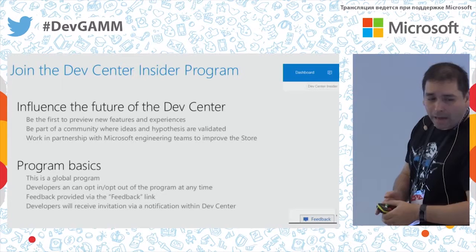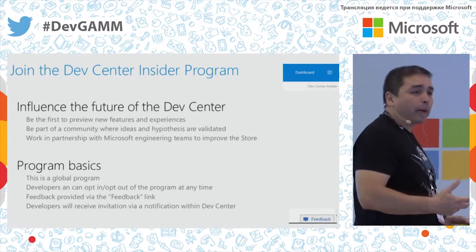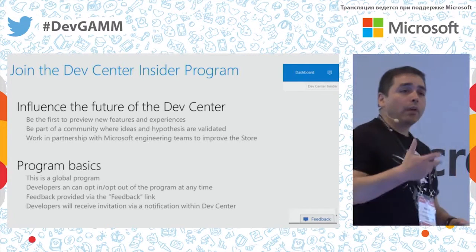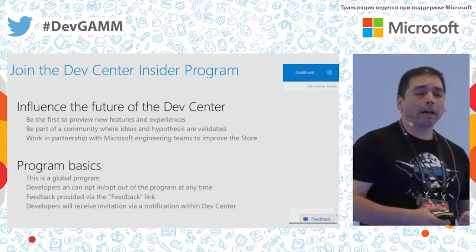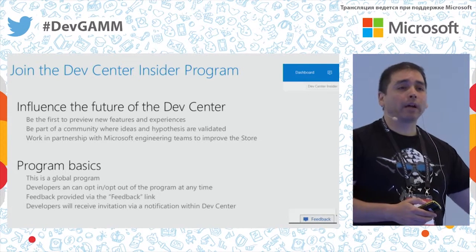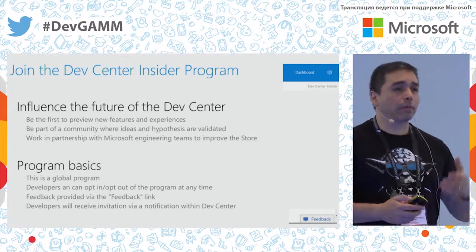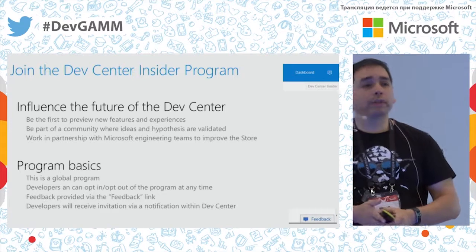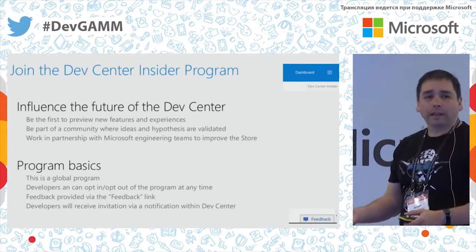And the last thing that we have, which is my call to action for today, is the Dev Center Insider program. If you're a Dev Center registered person on our platform, you can just say, I want to sign up for your Insider program, which is how you get betas and access, and you can give us feedback. So for example, if we're adding new features like the segmentation API I talked about, that feature is going to be rolled out in the next couple months.